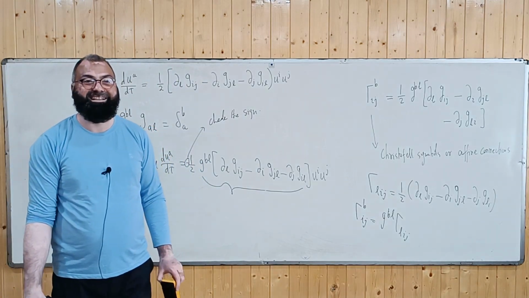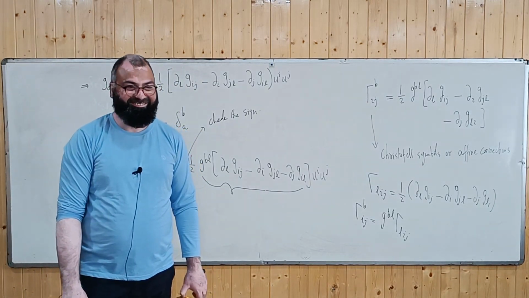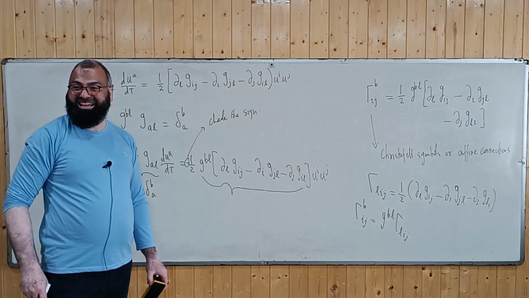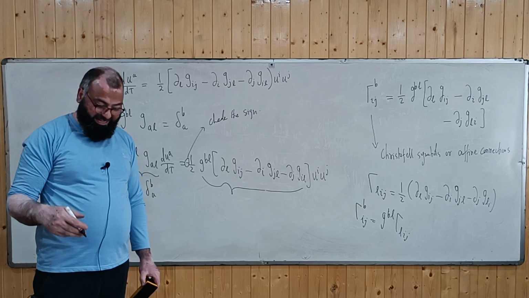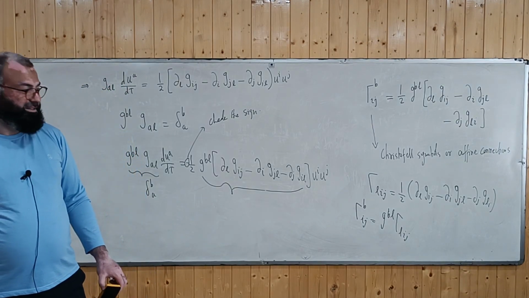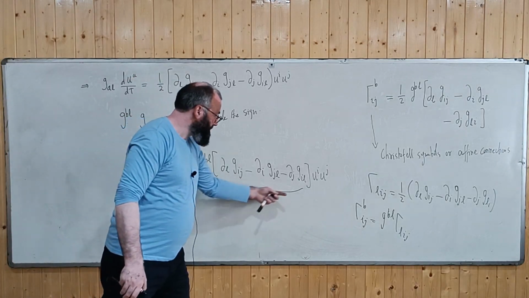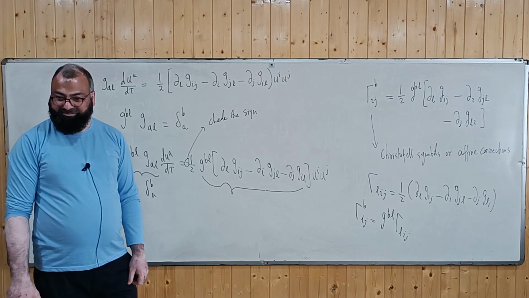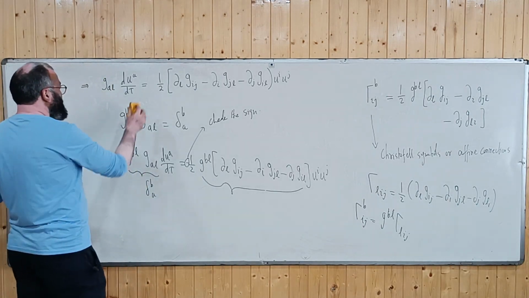Although it carries three indices, it is not a tensor. Okay? So it looks like a tensor, but it does not have the tensorial properties. It does not transform as a tensor. Only the product of this multiplied by this object transforms as a tensor. So let's write the geodesic equation now.